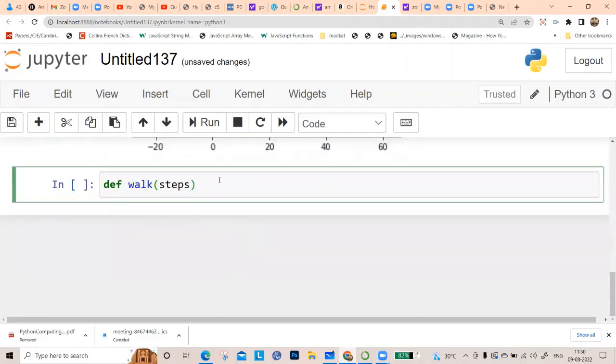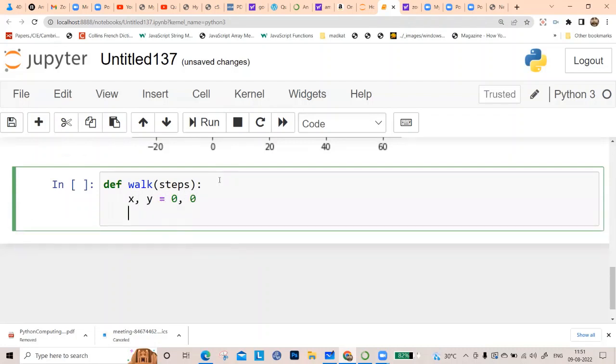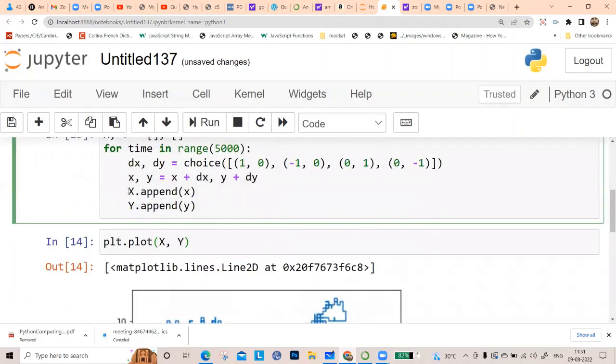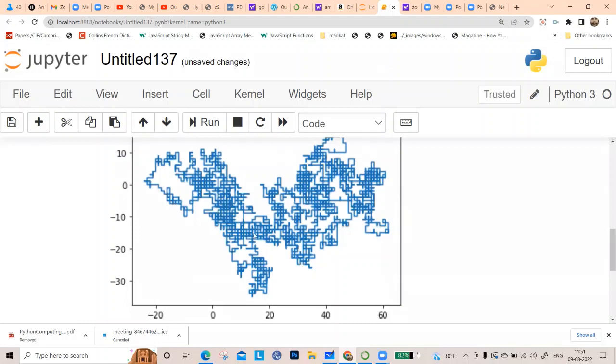Every time it will start from 0, 0, so no problem. And this time we will not keep track of the capital X and capital Y lists, because we don't need to remember all the points. We only need to remember the end-to-end distance.